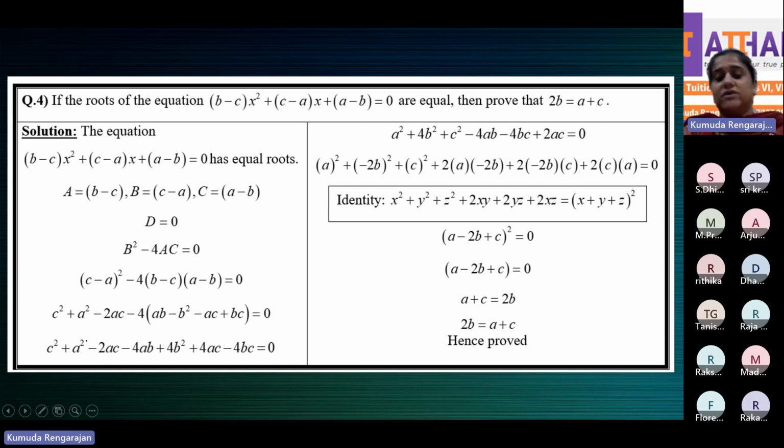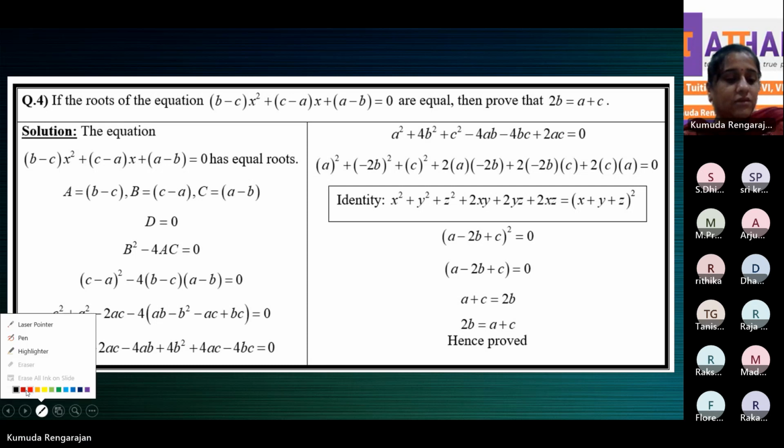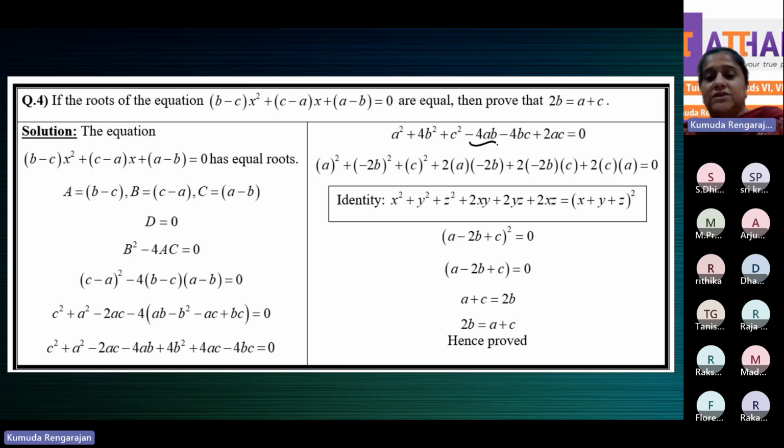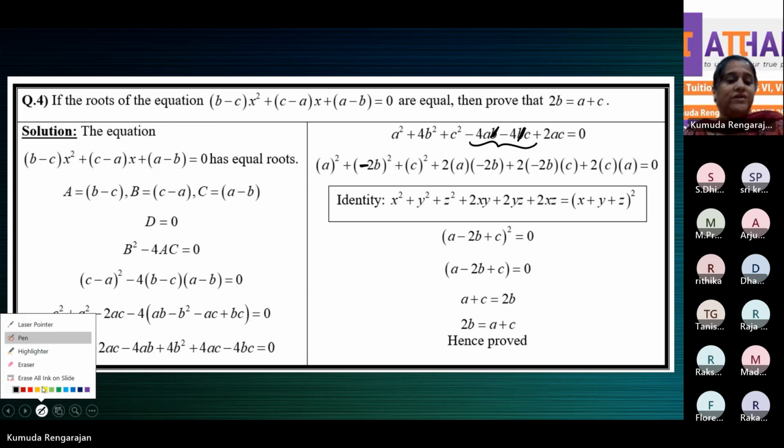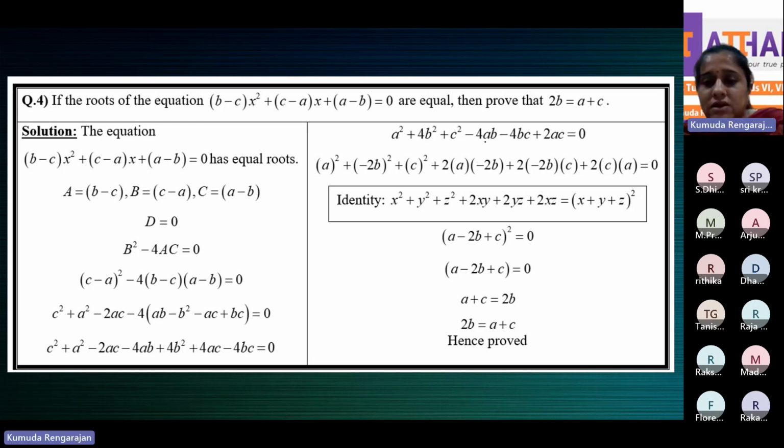So in 9th standard, we have learned that when you use this identity, when these two terms are negative, they have B in common. That means fix a minus sign to the B term. See here, these two terms are negative and they have B in common.